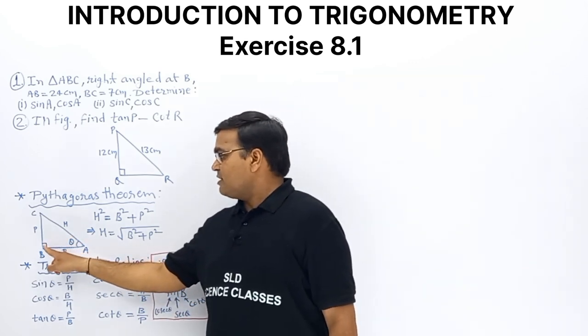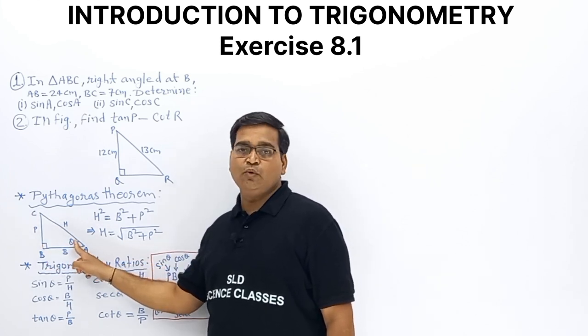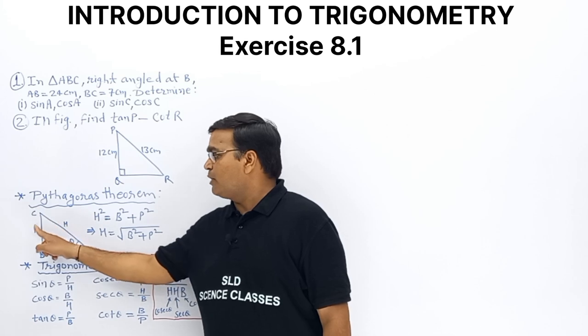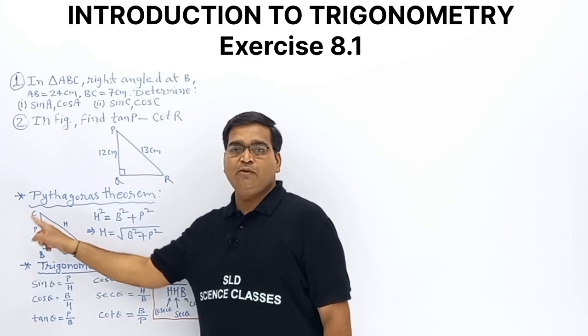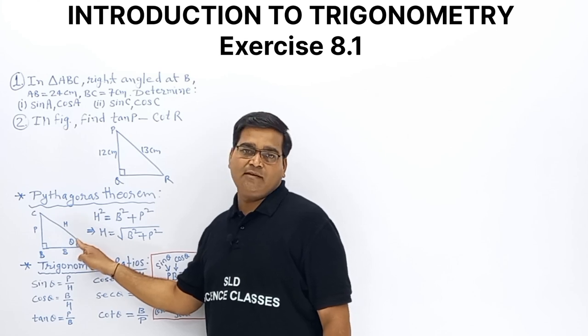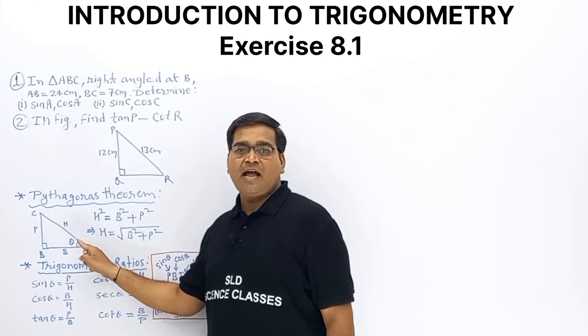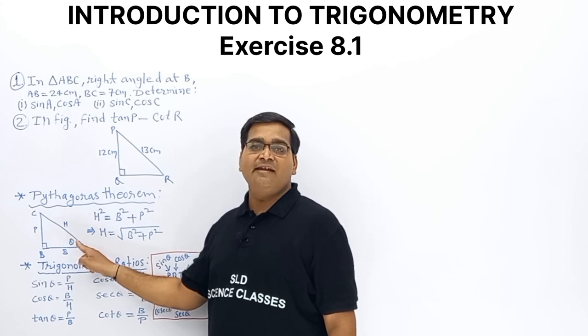So, this is the 90 degree, the right angle, and this is the acute angle. Opposite of the acute angle is the perpendicular, and the adjacent side is the base. This is angle A, I am considering it as theta, the angle of reference.